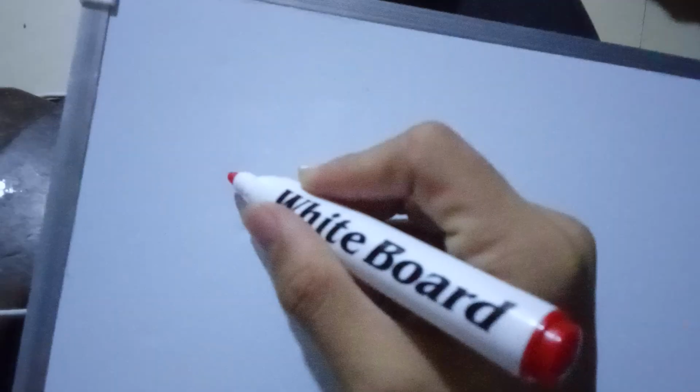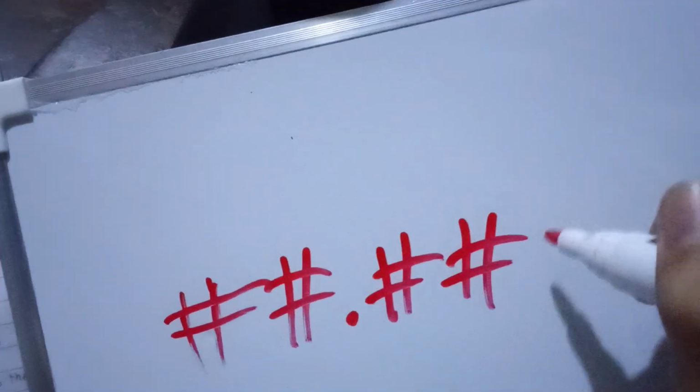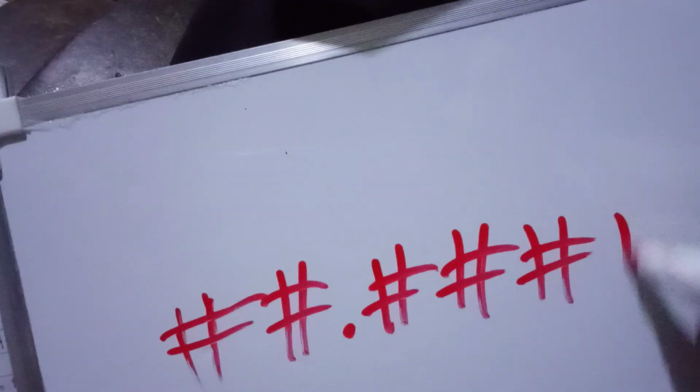I'm going to explain how the tens, hundreds and thousands work. You see the dot here, and there are more numbers behind it.